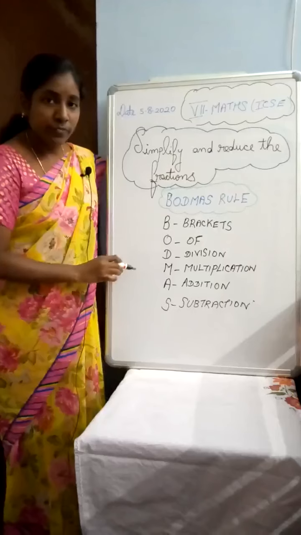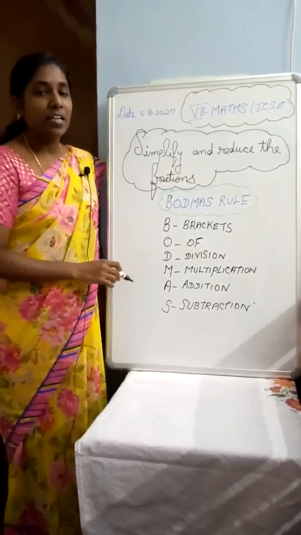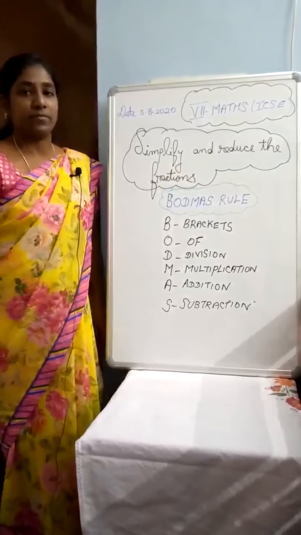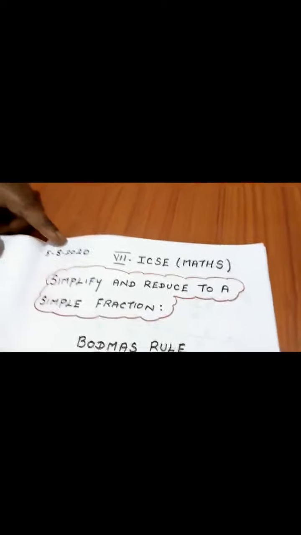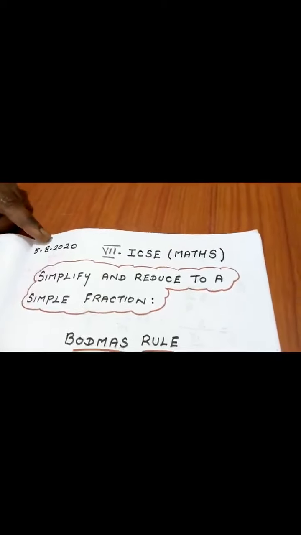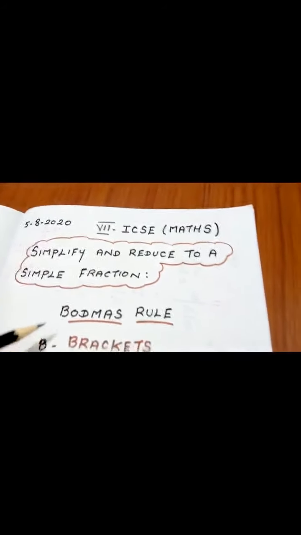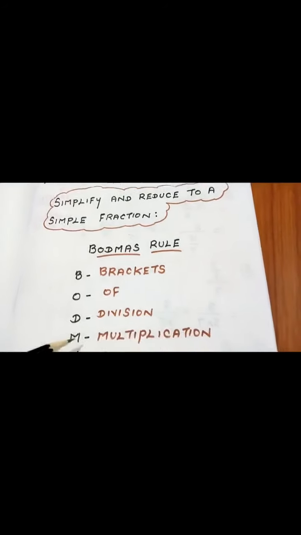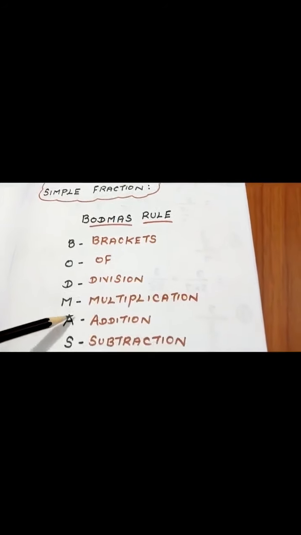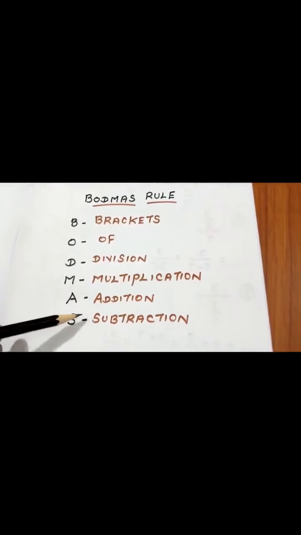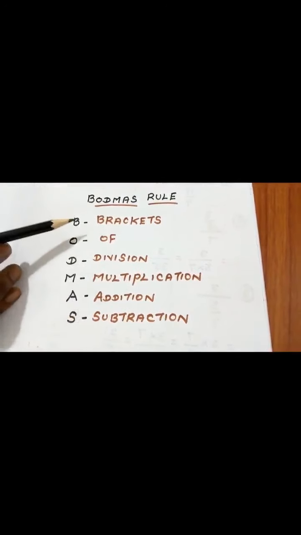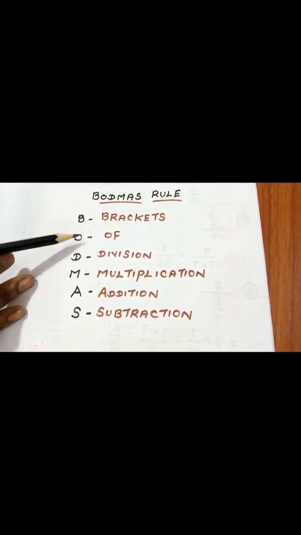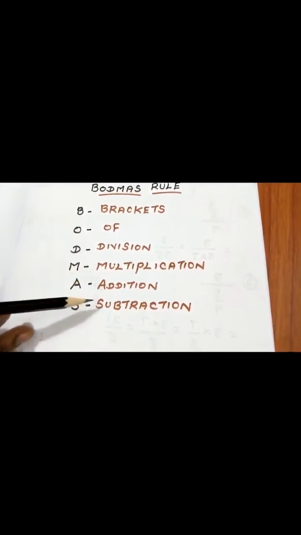You are going to go through this clearly and take it down in your notes, and now we are going to start with the sums. We start with simplify and reduce to a simple fraction. We are going to use the BODMAS rule, students: brackets, of, division, multiplication, addition and subtraction. Your question need not have all of them.